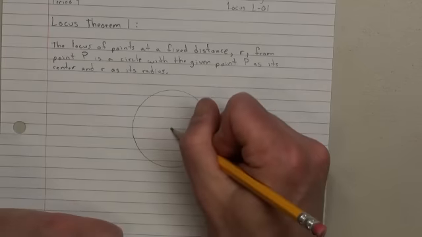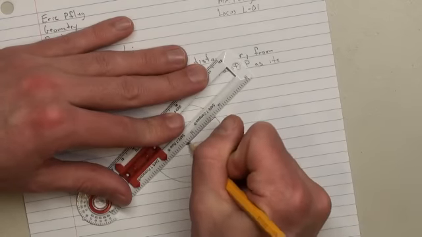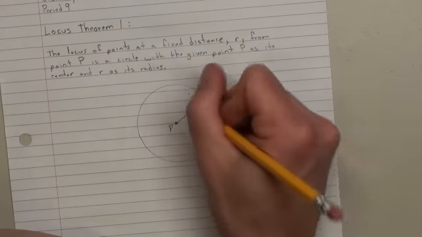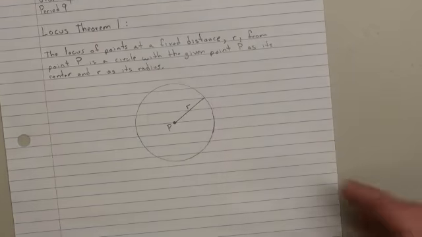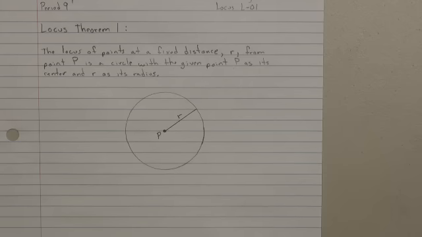And use a straight edge to draw a line to the edge. It doesn't matter where, to what part of the edge. Draw a radius. So point P is the center of our circle, and R is the radius. So that's a diagram for that theorem. Okay? Now, just give me 1 second here.